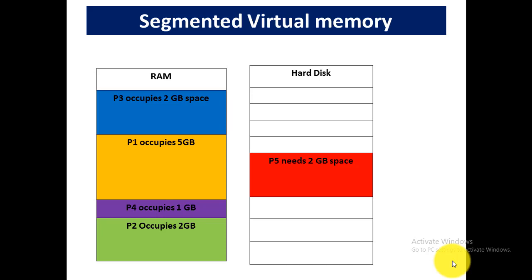If the segments are free, if the windows are minimized and not currently in use, then it will move that segment temporarily onto the virtual memory. And it will move the P5 (process 5) segment to the RAM so that it gets space in the RAM and executes properly.